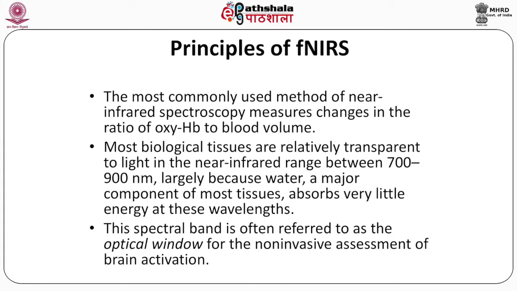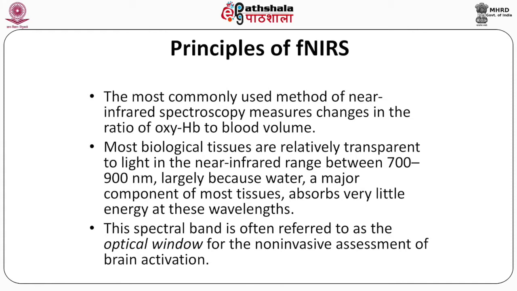Most biological tissues are relatively transparent to light in the near infrared range between 700 to 900 nanometer. So, within this range, it is found that most biological tissues are relatively transparent, largely because of water.